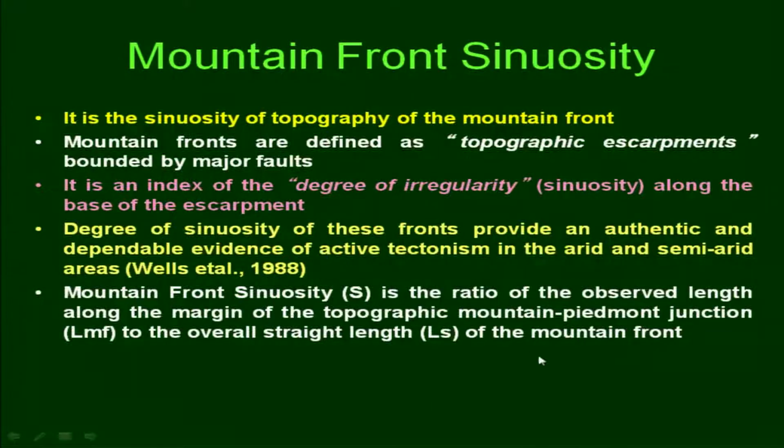So, based on this ratio, if it is close to 1, then you can easily say that the front is active. If it has higher values, then we can easily make out that the front is inactive. So, this has been given as S is equal to LMF over LS, where LMF is the length along the margin of the topographic mountain Piedmont junction and LS is the overall length.